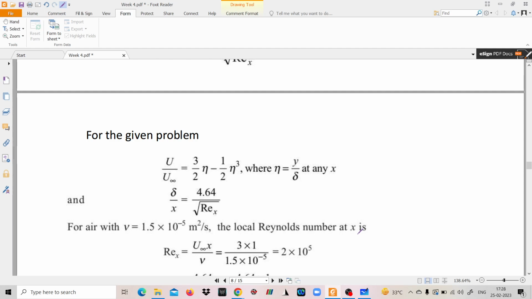Then you find the momentum thickness. Then you check which form of von Karman momentum integral equation you need to use, whether in the problem pressure gradient exists or it is without pressure gradient. Depending on that you decide, and once you have decided all these things, you simply put the given parameters and values in the equation and you get the answer.